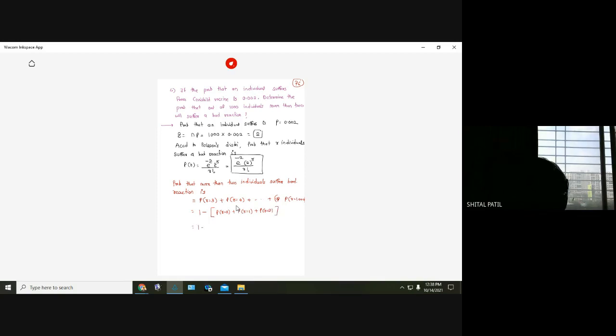So it is like this: 1 minus e raised to minus 2, 2 raised to 0 divided by 0 factorial, plus e raised to minus 2, 2 raised to 1 divided by 1 factorial, plus e raised to minus 2, 2 raised to 2 divided by 2 factorial. Yes, what is the answer?